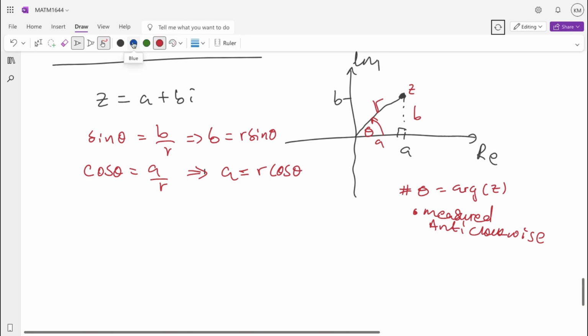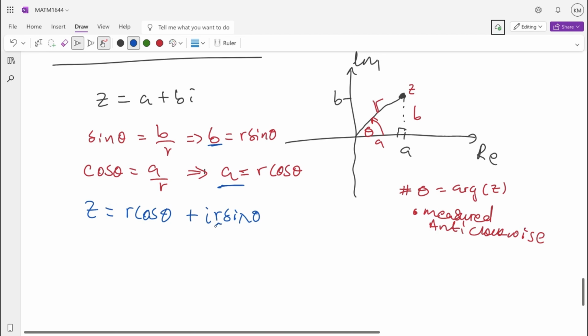Now substitute this value of a, r cos theta, and the value of b, r sine theta, into the standard form of z. What are we going to get? We're going to get what we call the polar form. Z will be equal to r cos theta, when we substitute for a, plus i r sine theta.